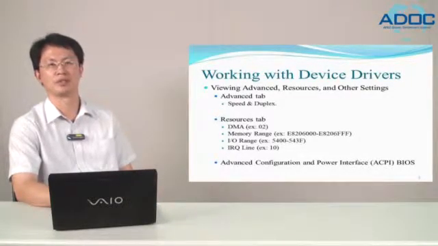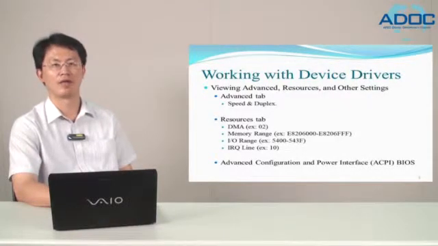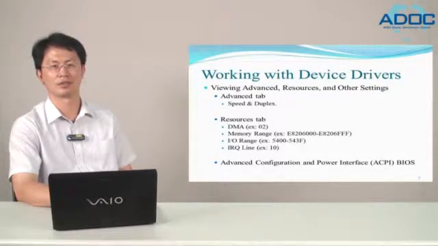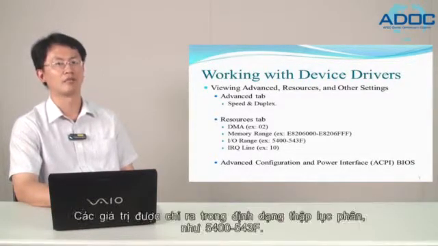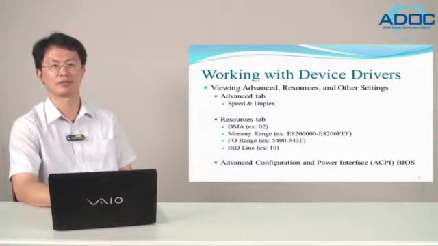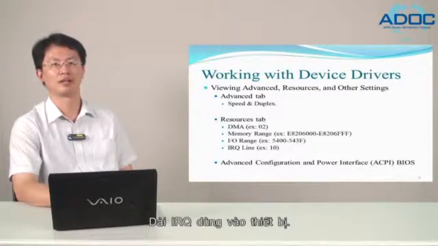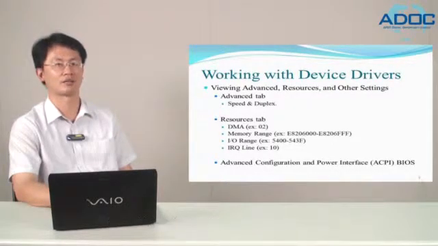Memory range: the range of memory addresses used by the device. Values are shown in hexadecimal format, such as this. I/O range: the range of the I/O ports used by the device. Values are shown in hexadecimal format, such as this. IRQ line: an IRQ line used by the device. Values are shown as integers, such as 10.